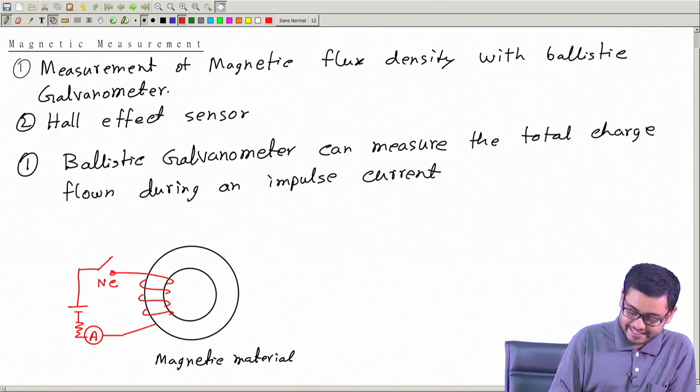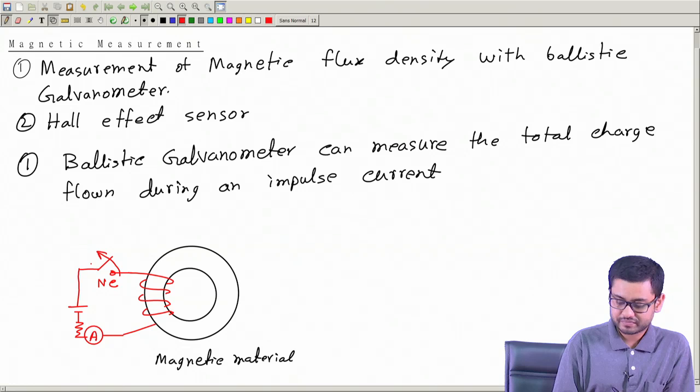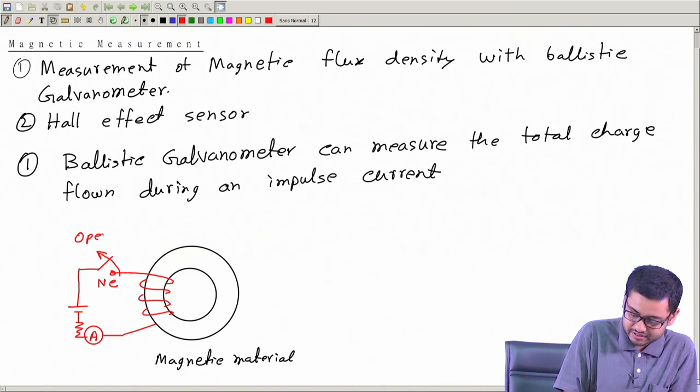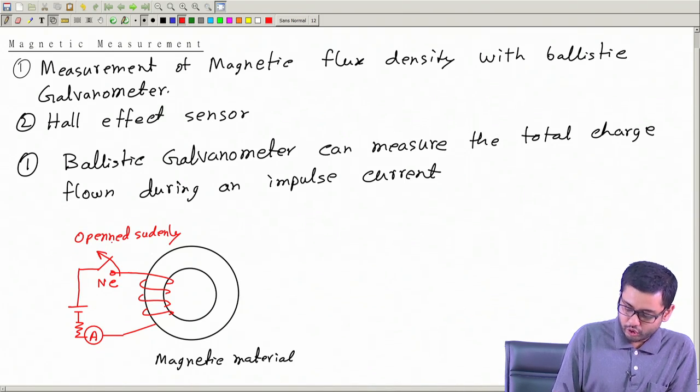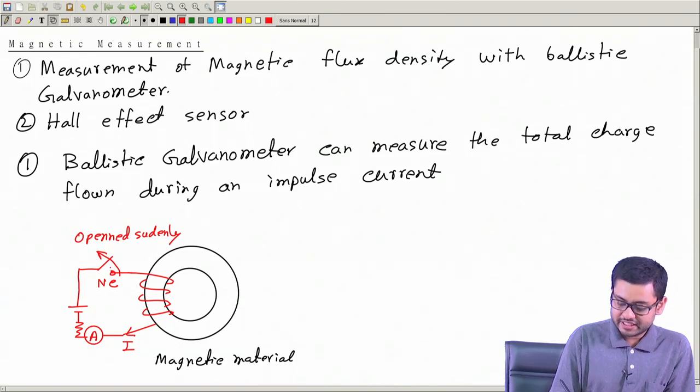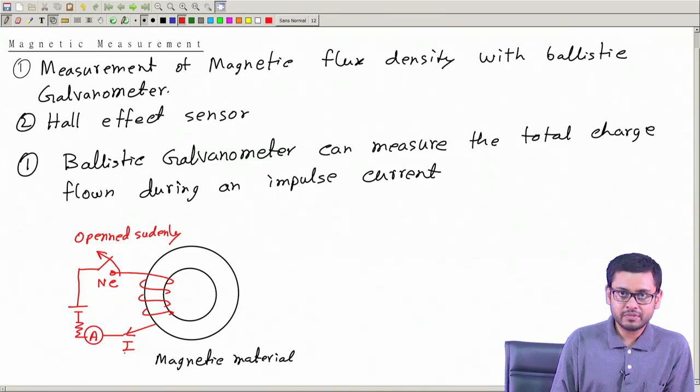So, initially closed, and then we will open it suddenly. When the switch is closed, we can measure this current I using this ammeter, and when this is opened suddenly, this I will become 0 immediately. So, the current here will become 0 instantaneously when we open this switch.